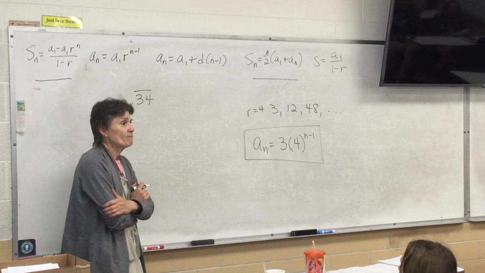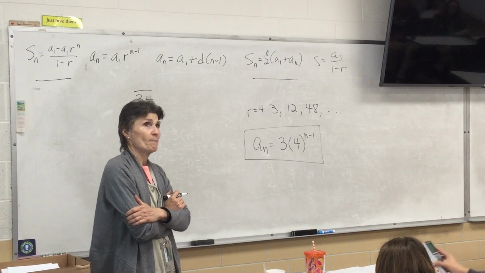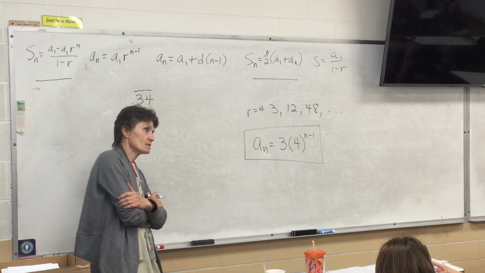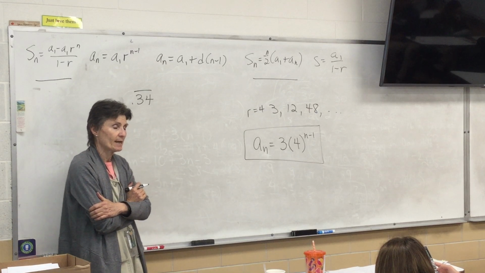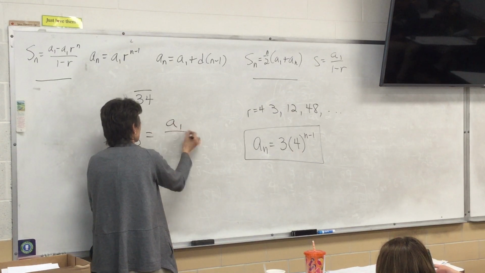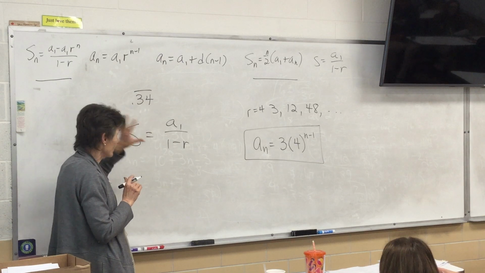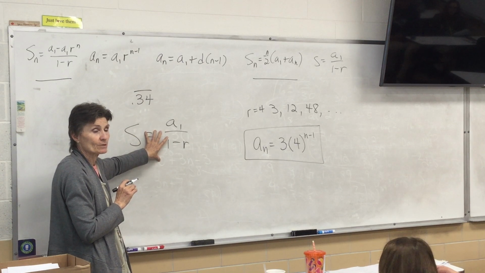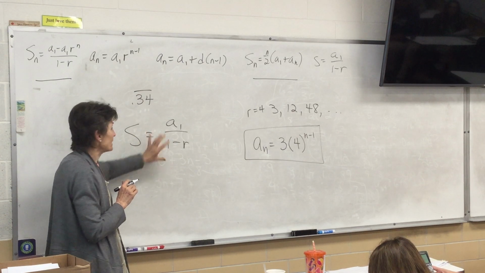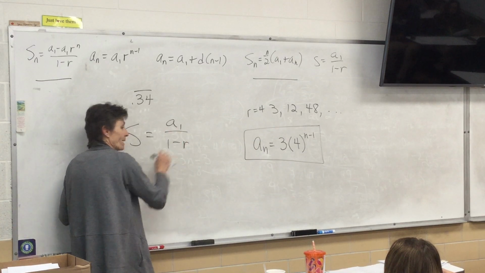All right, 0.34. Let's stop and think. We really haven't had much practice with this, just a few problems today. We know the formula we're going to use is this one, the infinite formula, because that's an infinite decimal. Can you tell me anything about my a sub 1 or my r?